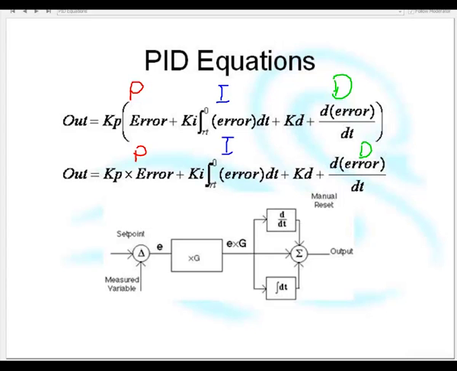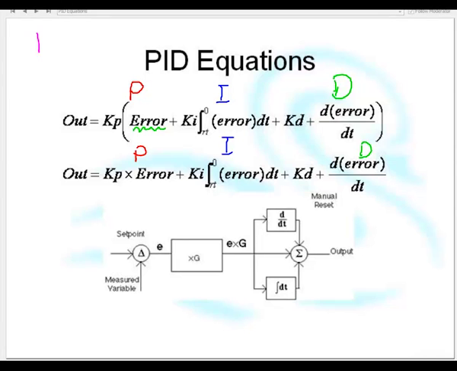These equations rely on the fact that the error thing here is what's called a continuous function. So in other words, we're continuously looking at the process variable. We're always looking at the process variable. We're not sampling the process variable, we are continuously looking at the process variable.